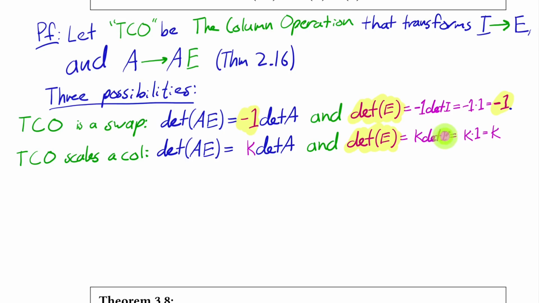If we scale a column of the identity matrix, the resulting determinant is K times the determinant of the identity matrix, which is just 1, so we still get just K here.